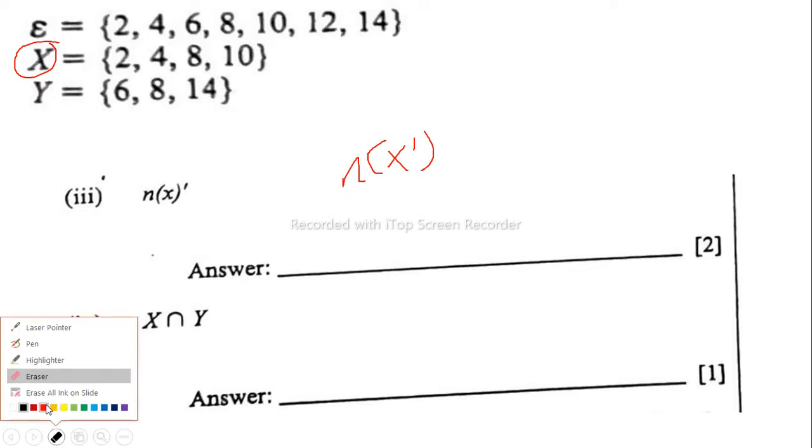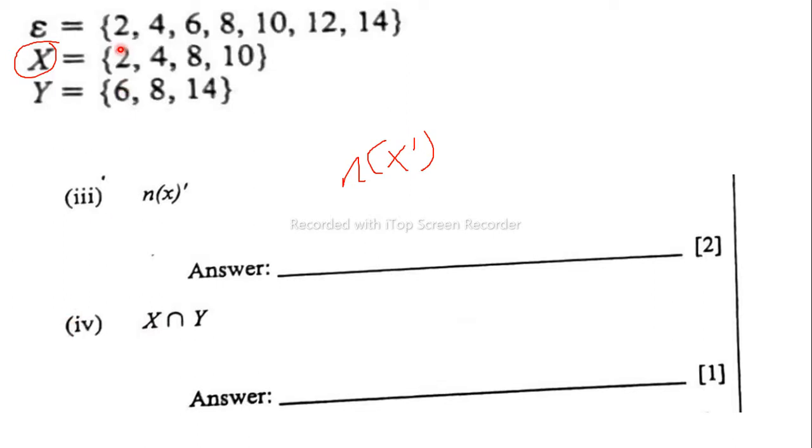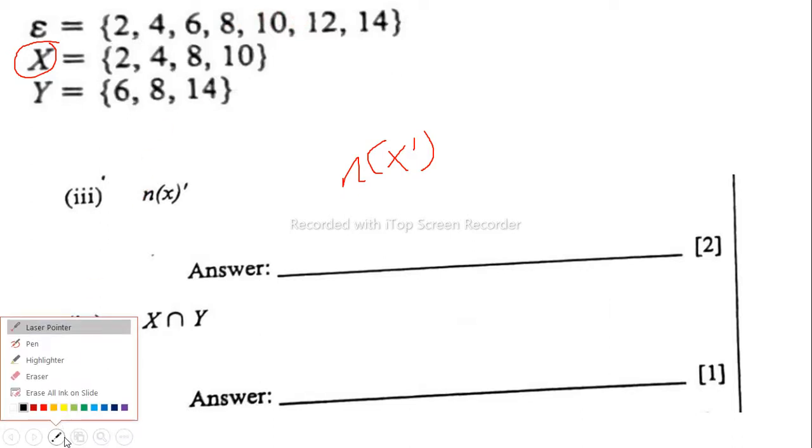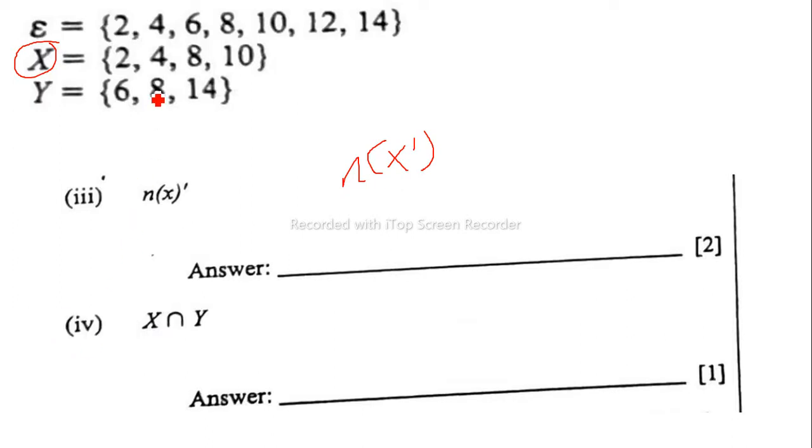So we go to the universal set, and we have to remove every element that is also a part of X. So what numbers are we going to remove? 2, 4, 8, and 10. So no more 2, no more 4, no more 8, and no more 10.